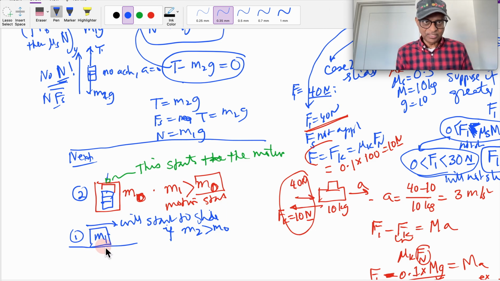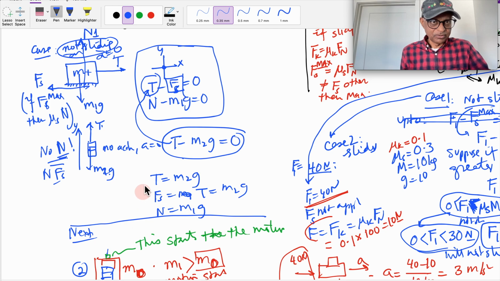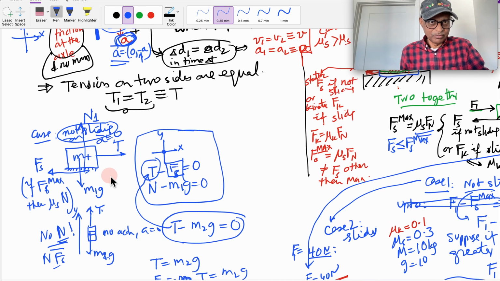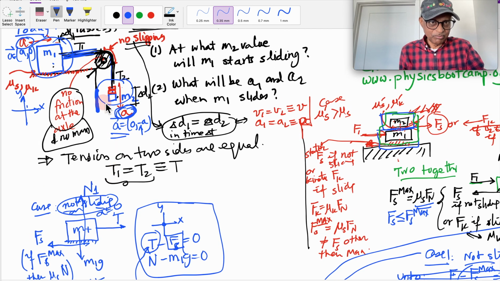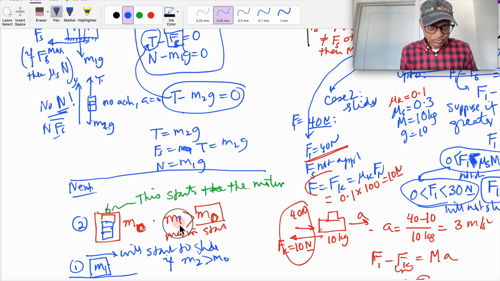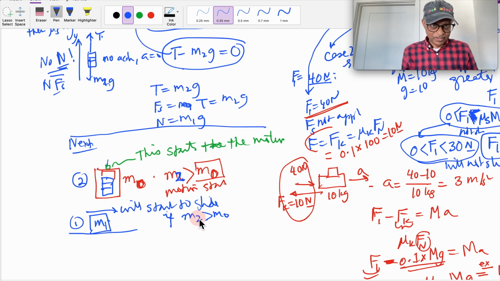I didn't change anything about M1. Did I mix it up? Yeah, this is M2, and this is M1. So if M2 is greater than M0, then it starts to slide, right?